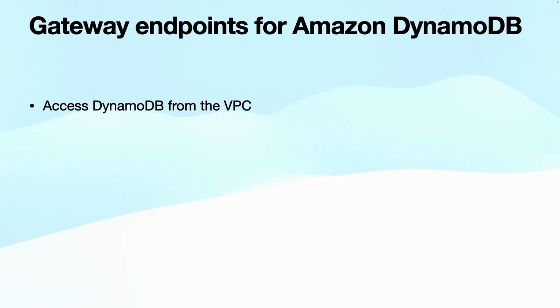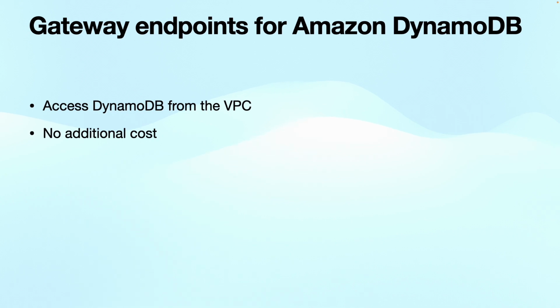But recently Amazon started supporting AWS PrivateLink for both S3 and DynamoDB. So in this video, I will show you both gateway endpoint and interface endpoint and how to set it up to access Amazon DynamoDB from both in-VPC resources and from on-premises resources.